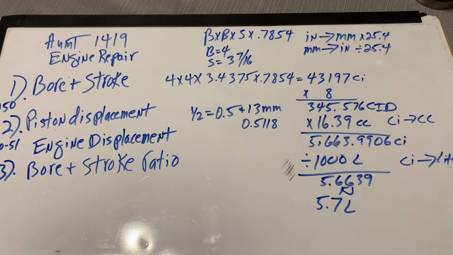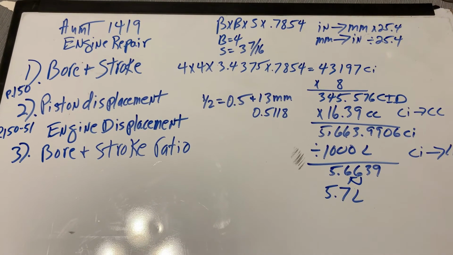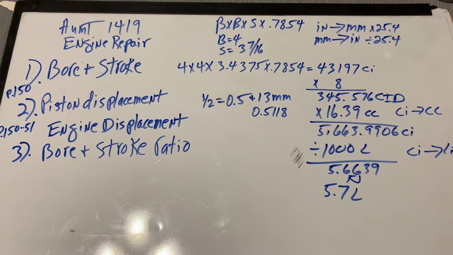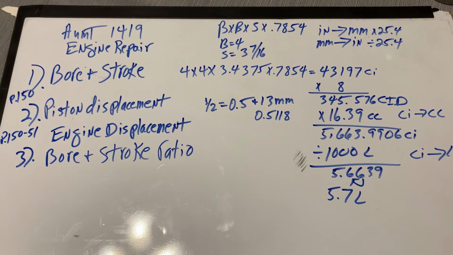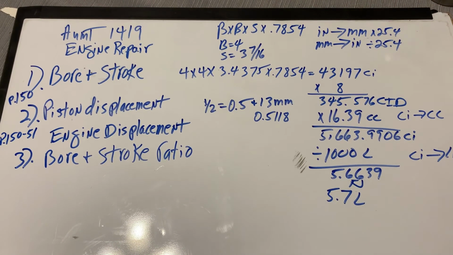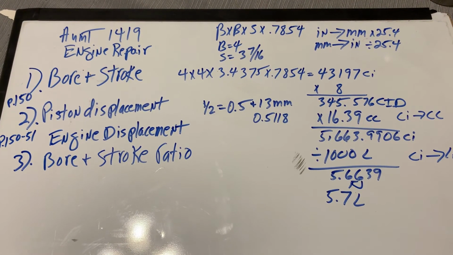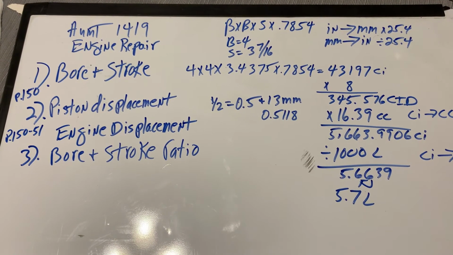Just kind of remember that, because there is a worksheet that I will be uploading for you regarding some metric engines that we'll be looking at. You will be getting one particular worksheet where you're going to have to convert and calculate for your engine displacement and go into liters.